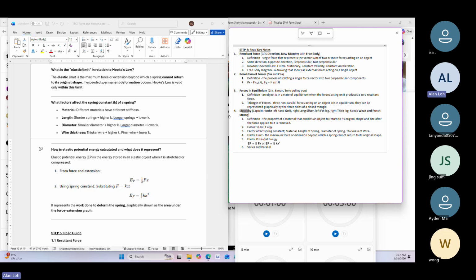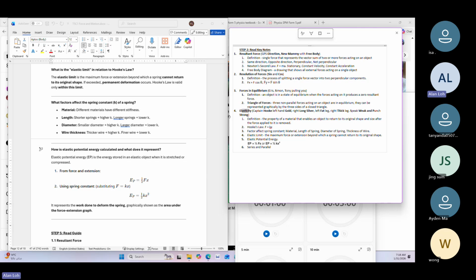Now, at least if anyone asks you today, what do you know about force and motion? To the very least, you can tell him or her that it is linked to something related to resultant force and resolution forces, and something related to equilibrium and elasticity. Then from there, you can start to elaborate. Okay, what is the resultant force? You learned the definition: the vector sum of two or more forces acting on an object.